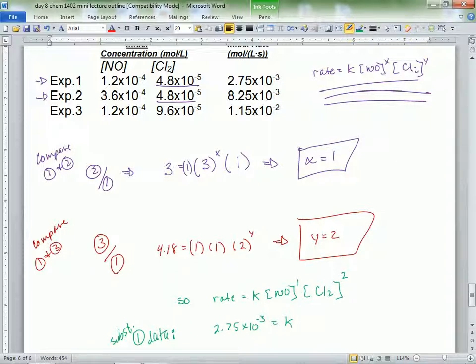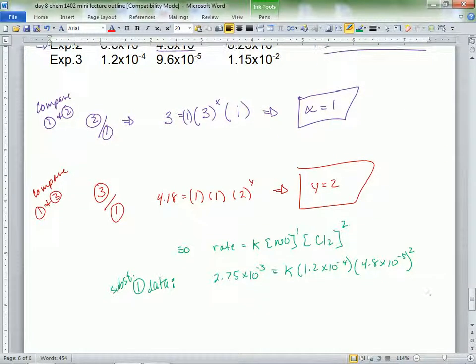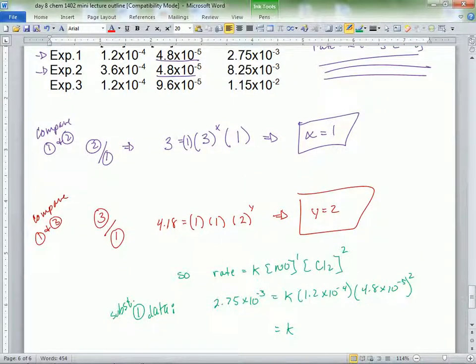I know it's 1.2 times 10 to the negative 4. ClO2 is 4.2. So I just substituted experiment 1 data in. But divide all that stuff out.